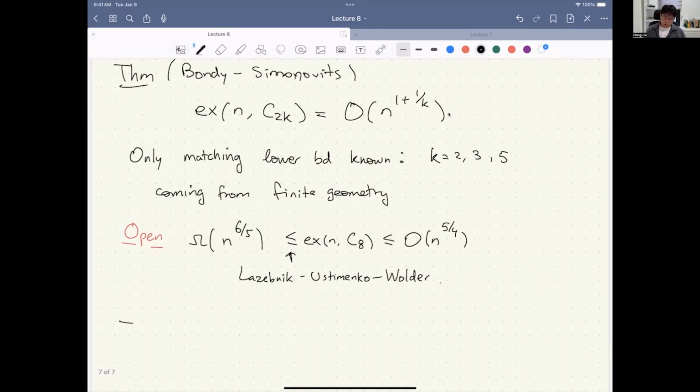So we will see a proof of this Bondy–Simonovits result with specific quantitative constants by Pikhurko.